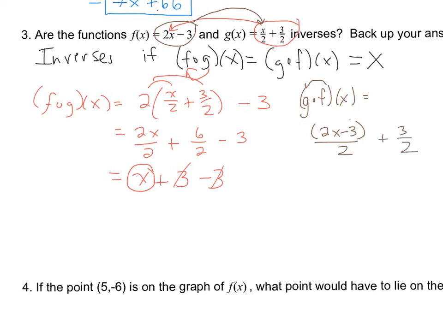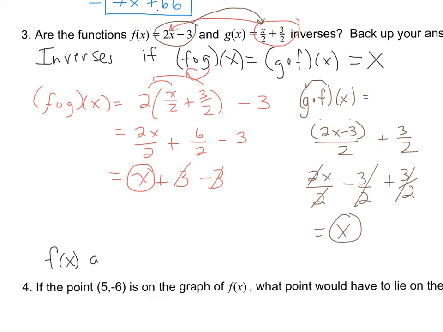I have these two terms that are divided by 2, so I can break it up as 2x over 2 minus 3 over 2, dividing them both by that 2, and then plus 3 over 2. Well, 2 over 2 is 1, and then we have negative 3 halves plus 3 halves, which will cancel, so we're left with just x. So this is sufficient to say f of x and g of x are inverses.